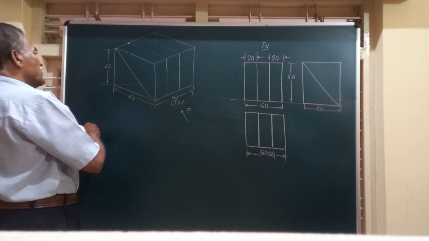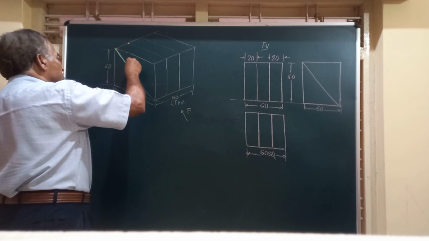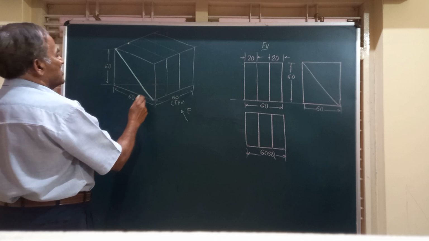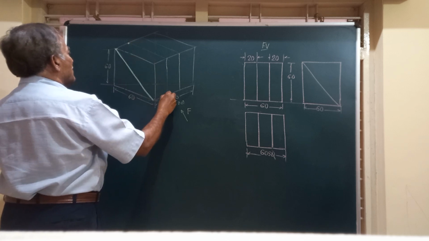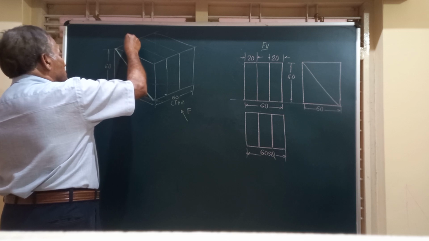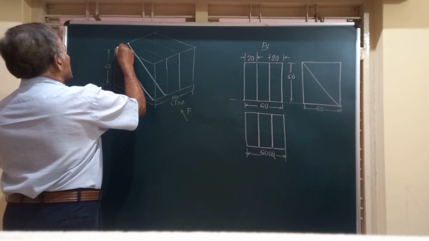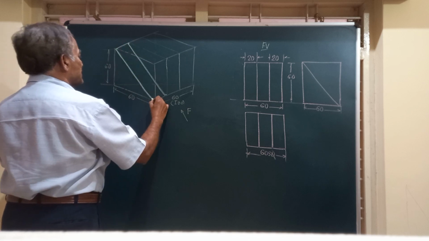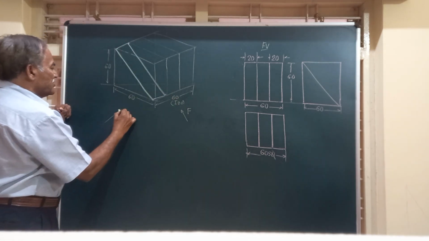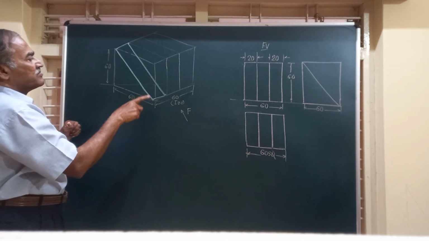So friends, we are going to have this joined to the bottom face. So this is one line, this is the other line you get, and these two lines form an inclined surface. Because when you see in the end view, that is in the left hand view, you should be able to see that.